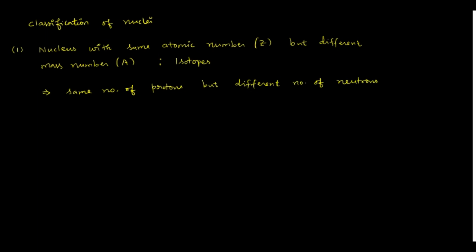We can write this as Z and A. Suppose I write it like this, for isotope, in this table, this becomes same and this becomes different. So Z is same, A is different.